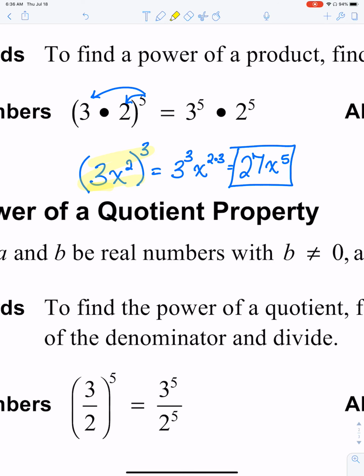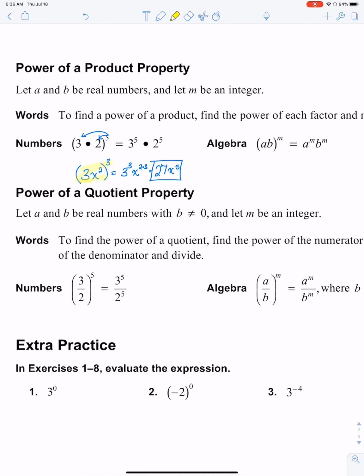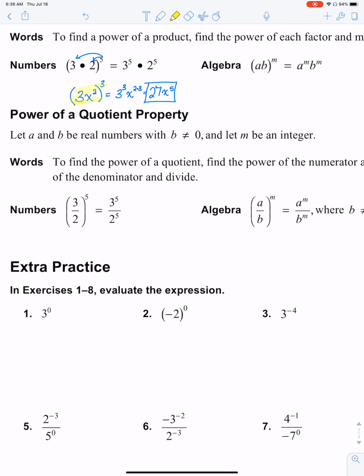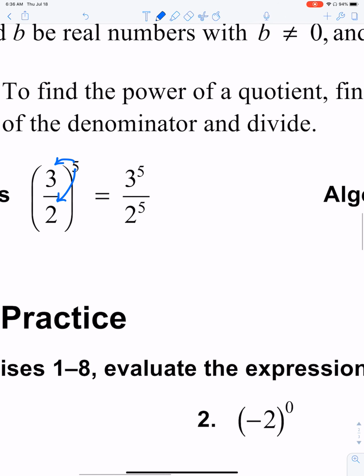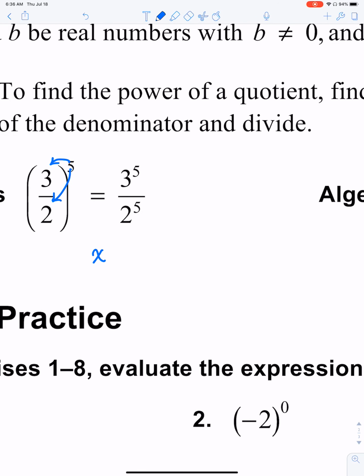Okay, so this is super useful, and the power of a quotient property is essentially the same thing, where you're distributing that fifth power to the 3 and the 2, okay? Again, useful if we're doing something like x squared over 3, and then that's being put to the third power.